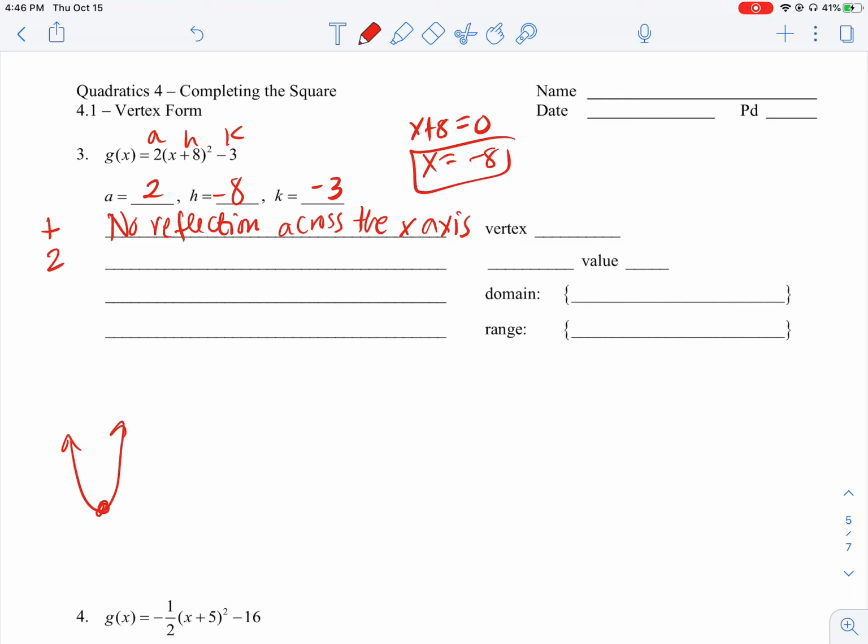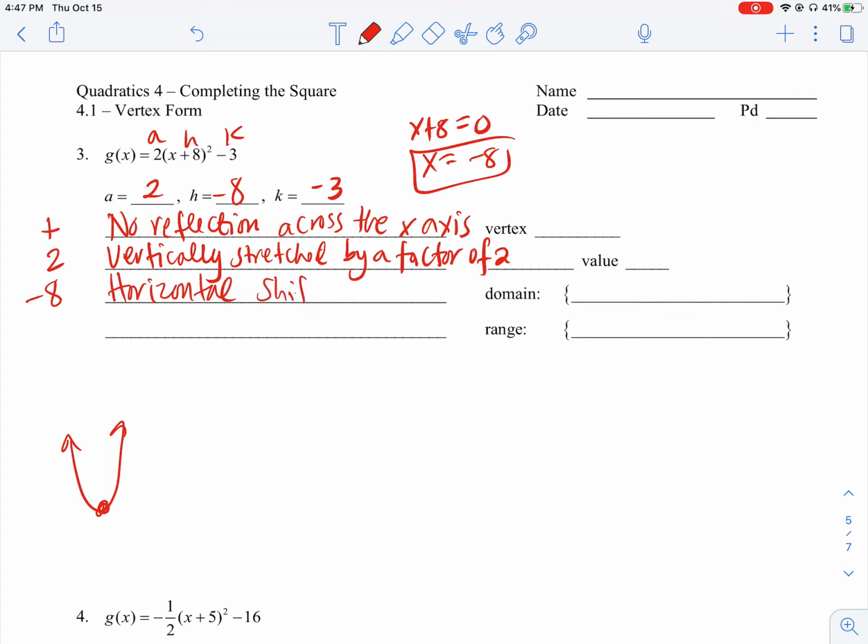Moving on to the value of A. Because the value of A is a number greater than 1, I have a vertical stretch by a factor of 2. And then this is for negative 8. Where are we going?